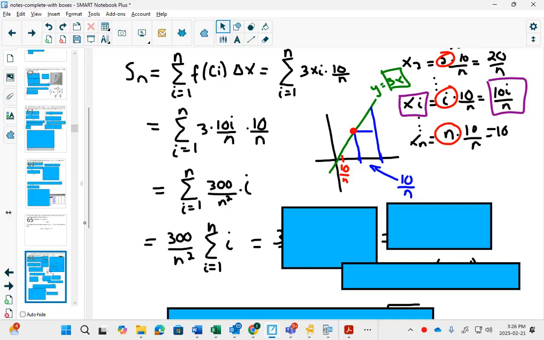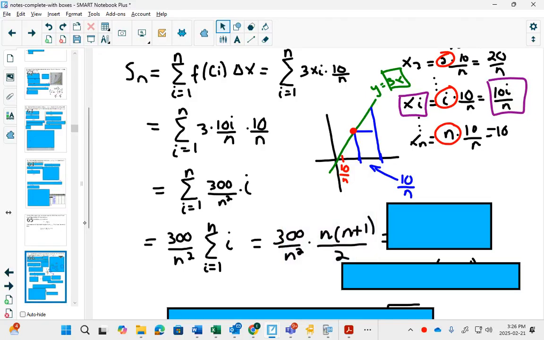Why is this so beautiful? Because it's one of the formulas that you learned in arithmetic sequences and series, adding up the first n amount of numbers. That was one of the formulas that was listed the other day. It's just n times n plus 1 divided by 2.